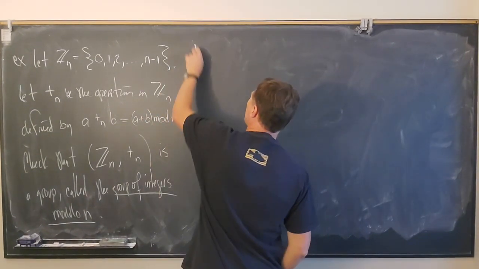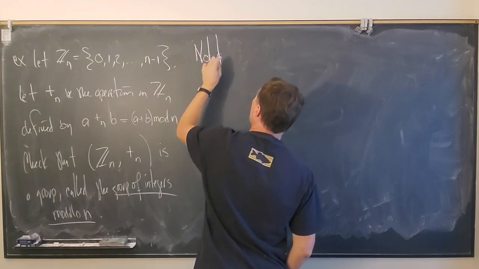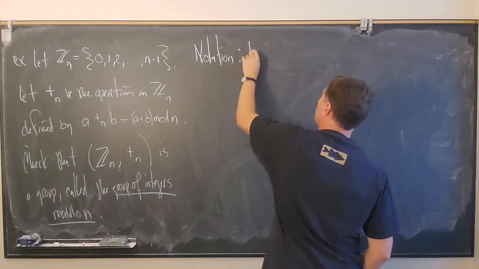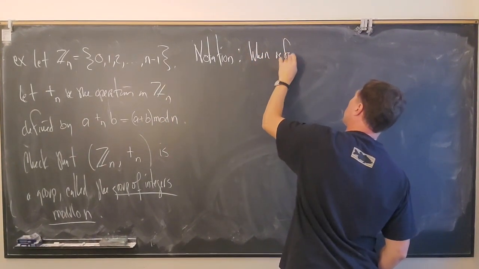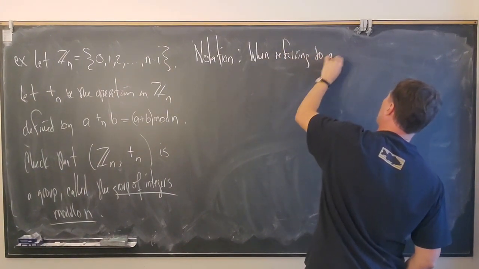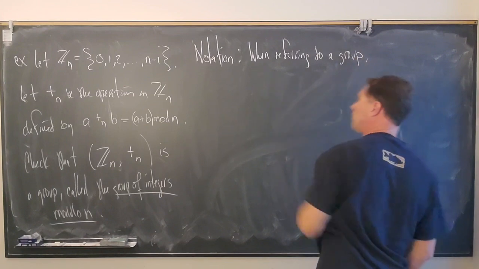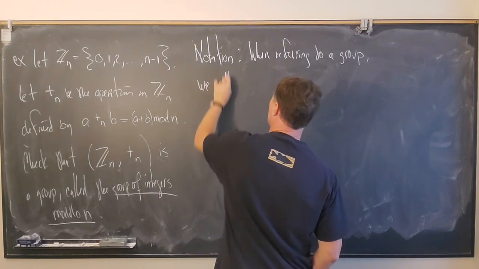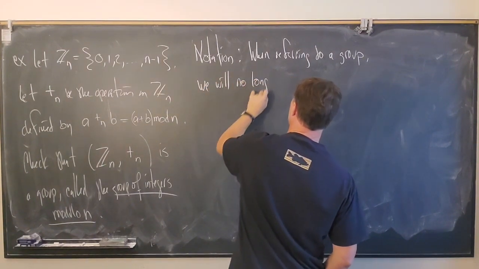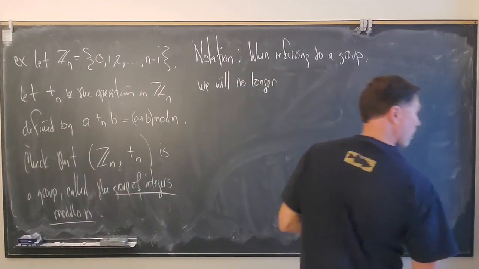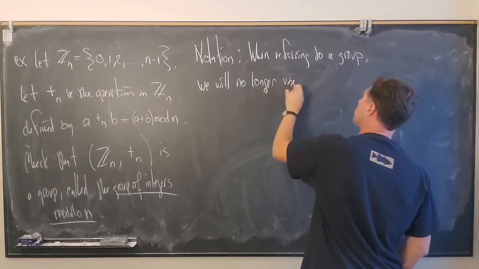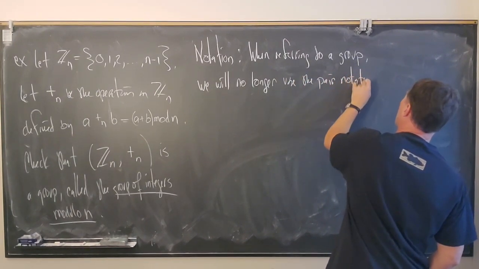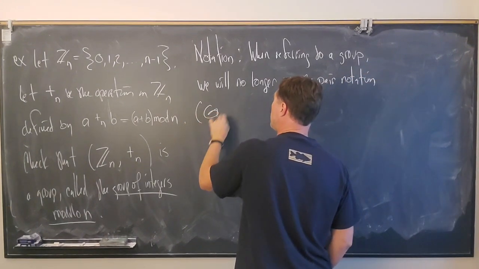So the standard notation, and this is the notation that we are going to adopt now: when referring to a group, we will no longer use the pair notation G comma star.